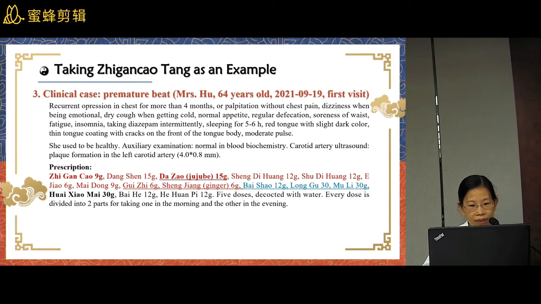The formula consists of 百合 and 生地黄, which can nourish yin of heart and lung, clear heat of heart and lung, based on the patient's manifestations of fatigue and other symptoms of deficiency, as well as the cracks on the tongue. The patient suffered from insufficiency of heart qi, heart blood, heart yin, and heart yang.